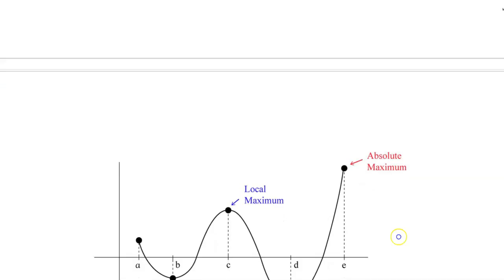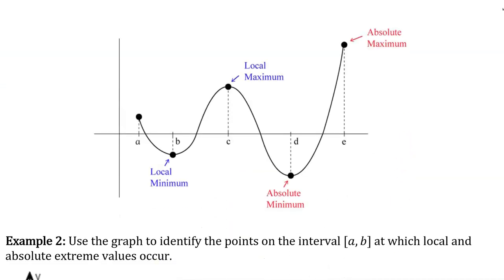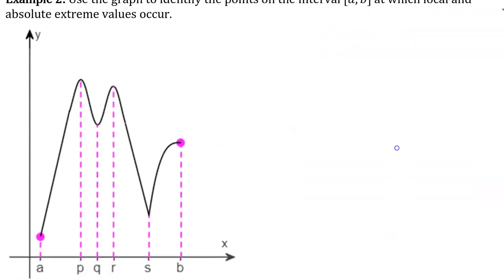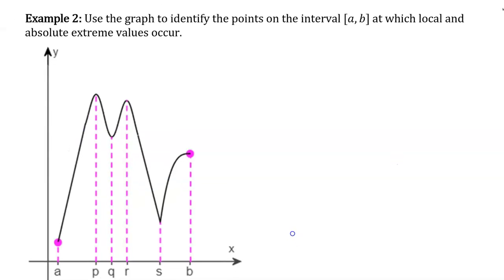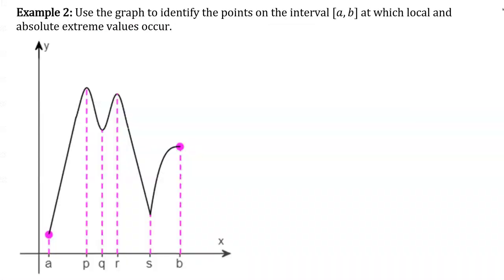Okay, so for our next example, reiterating the difference between locals and relatives, they're the same, two words that mean the same thing, and the absolutes. So we have this lovely graph here, and we want to identify the points from interval A to B in which local and absolute extreme values occur.